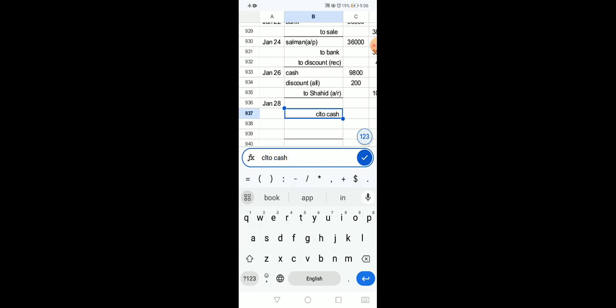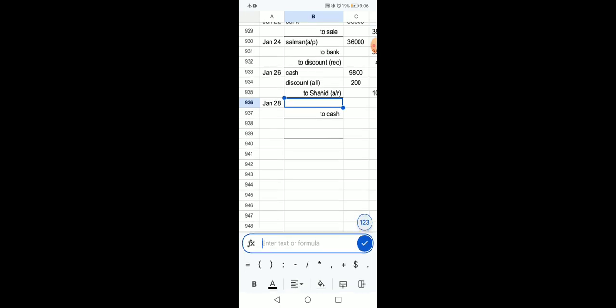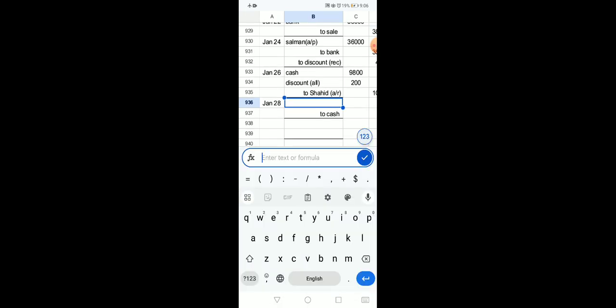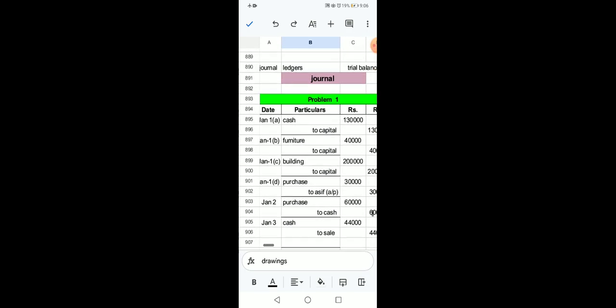Why? Because your owner or the proprietor is taking cash out of the business, with which cash in hand is decreasing, asset decreasing, which should be credited. So you have mentioned cash on the credit side. Who is taking this cash? The proprietor. The amount withdrawn by the proprietor is technically called drawings. So you will put drawings on the debit side. Why have we debited it? As you know, in our very first entry we credited capital, the amount provided by the proprietor to the business.